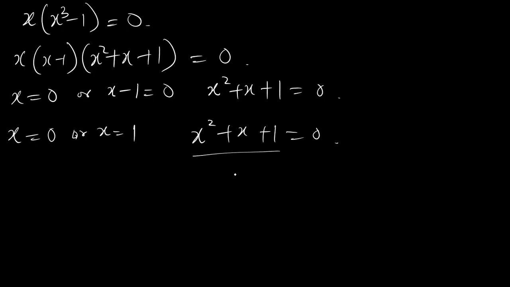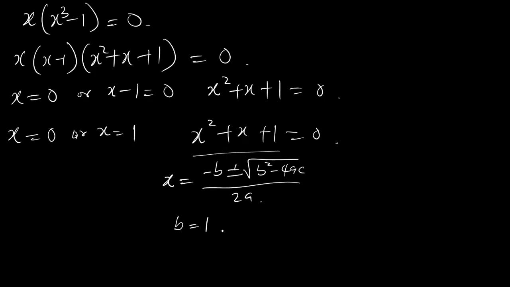So to solve this, let's use the quadratic formula. So from here, the quadratic formula is minus b plus or minus the square root of b squared minus 4ac divided by 2a. Now from this expression, b is equal to 1, a is equal to 1, c is equal to 1.